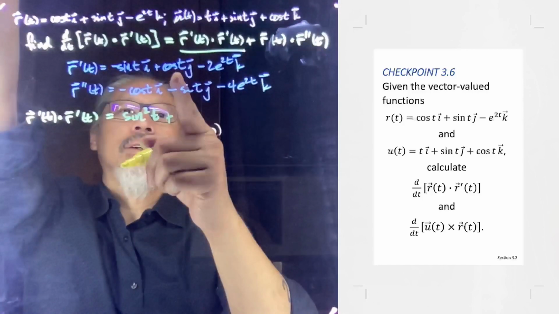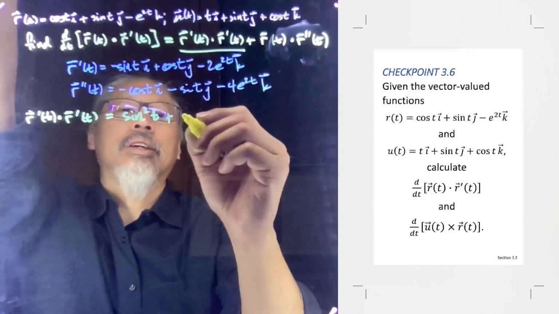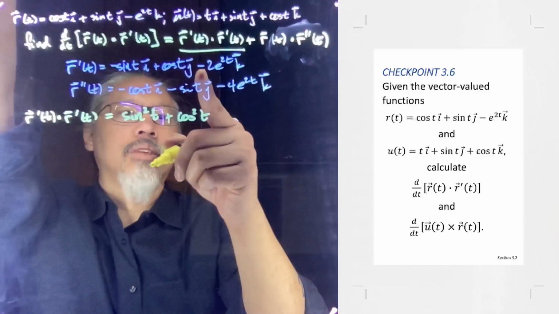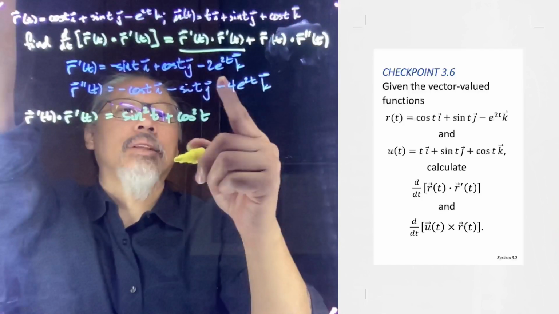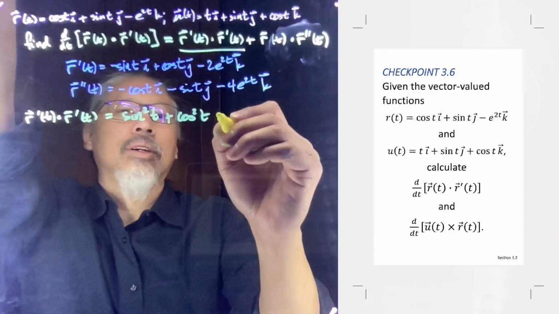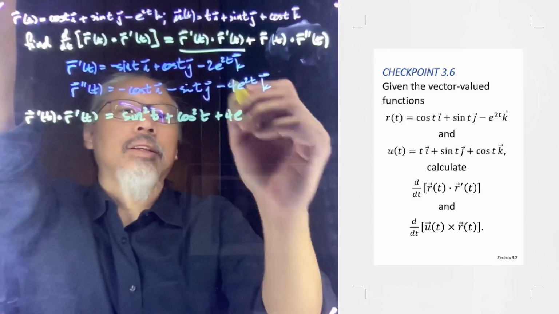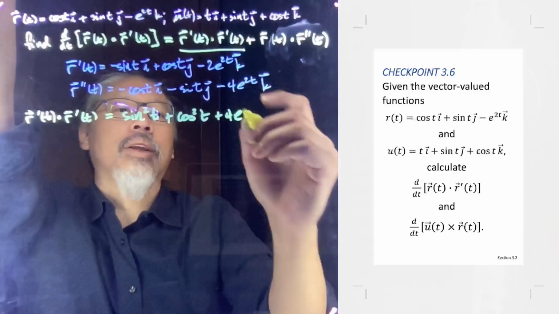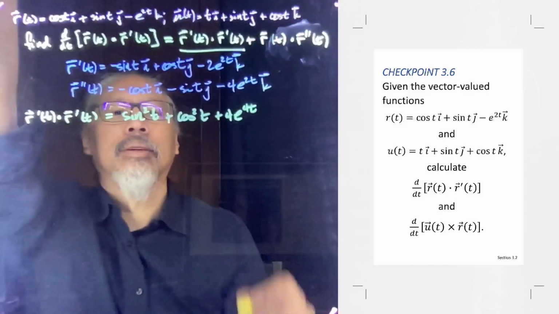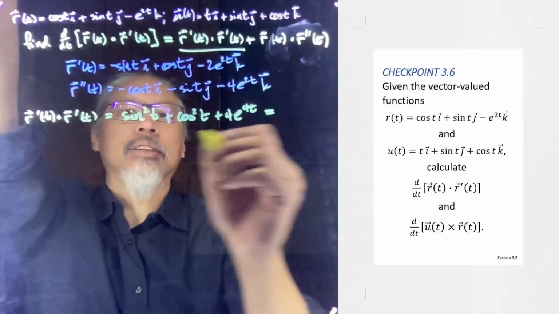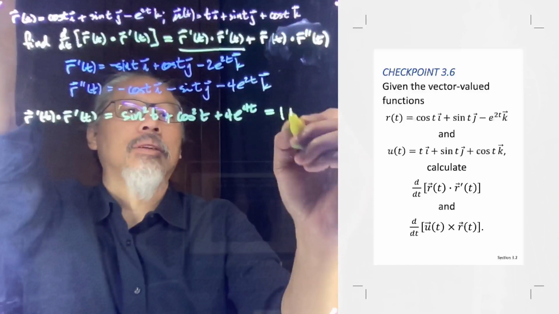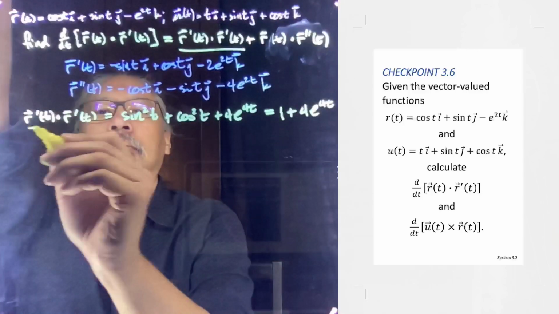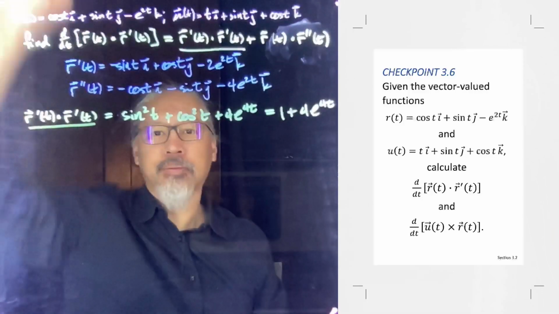Plus cosine times itself is cosine squared t, and then this, even though it's a negative, we're going to multiply it by itself. It's going to be 4e to the, and then you have to square this. e to the 2t quantity squared is e to the 4t. Okay, this looks like it'll simplify to just 1 plus 4e to the 4t. Okay, that's our first one.